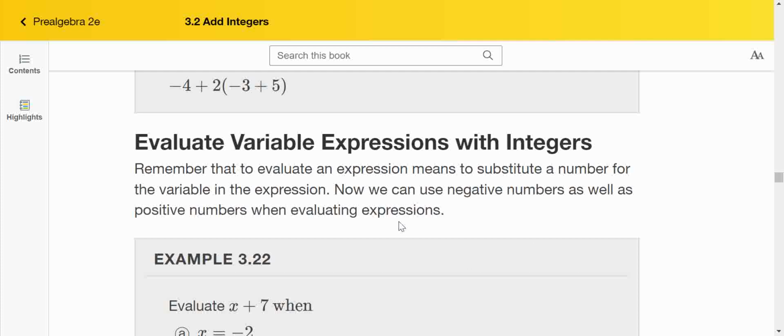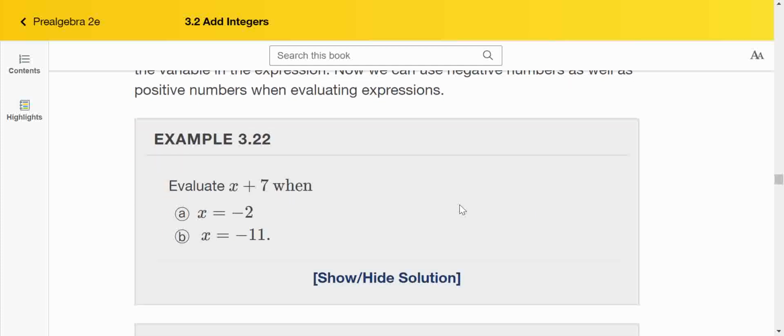Evaluate variable expressions with integers. Remember that to evaluate an expression means to substitute a number for the variable in the expression. Now we can use negative numbers as well as positive numbers when evaluating expressions. Example 3.22. Evaluate x plus 7 when A, x is equal to minus 2.